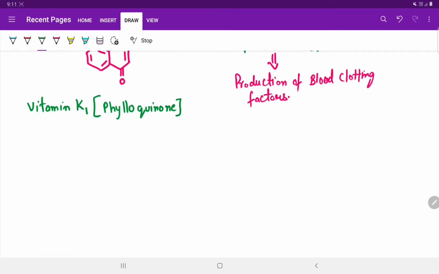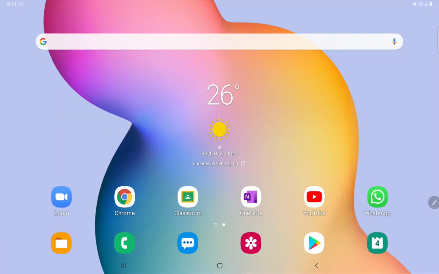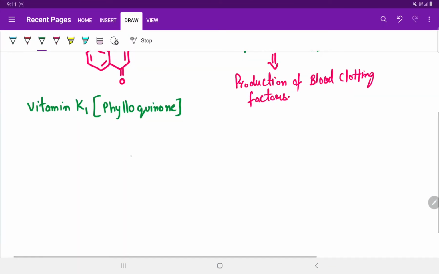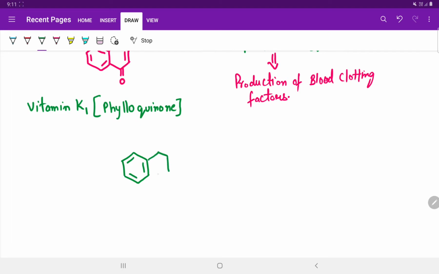The phylloquinone has the basic naphthoquinone ring in it. You can see here. Along with this, a methyl group at this position and a long alkyl chain.